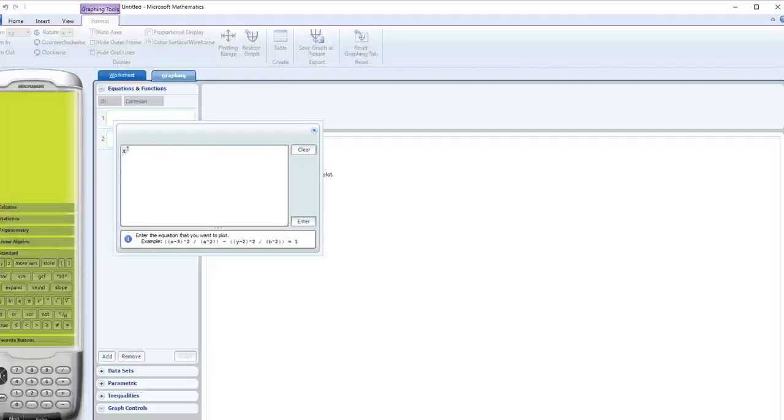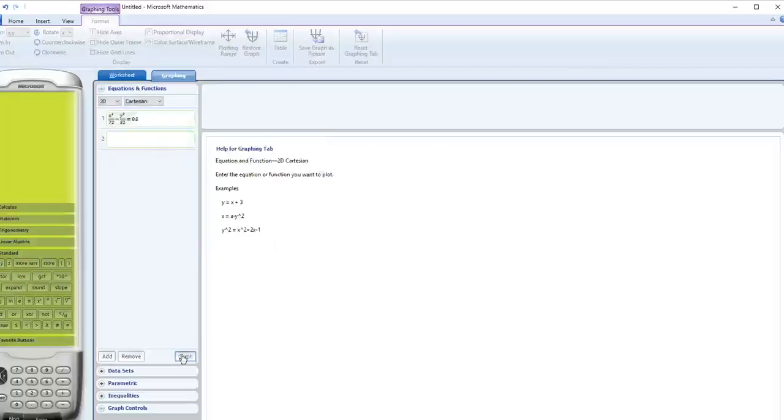x squared over 72 minus y squared over 32 is equal to 0.5 or 1 over 2.